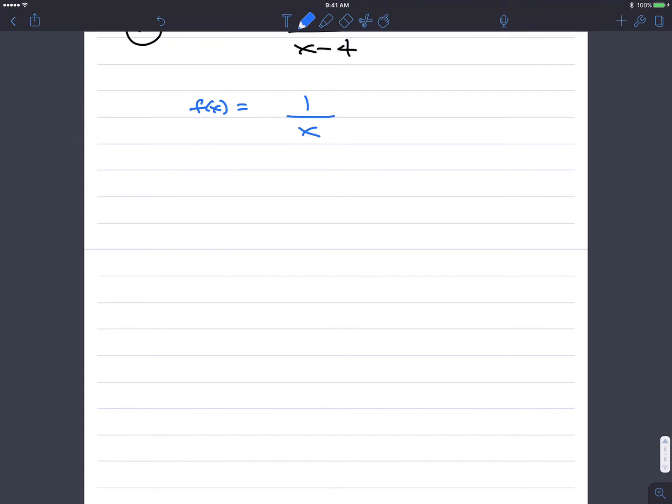Let me introduce you to this graph here. It's a hyperbola. Okay, let me draw my x-axis, my y-axis here. Sorry, my sketches are the way they are. It's called a hyperbola, by the way. Let me draw it a little more correct.